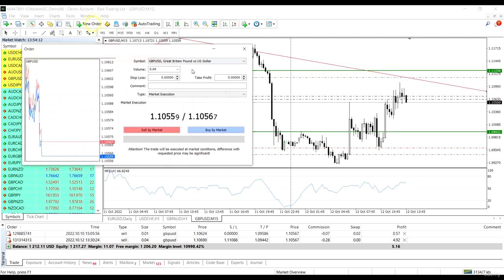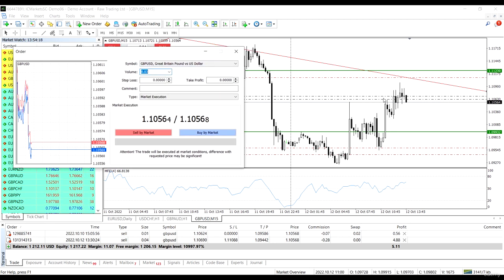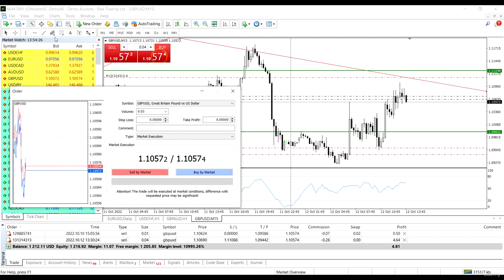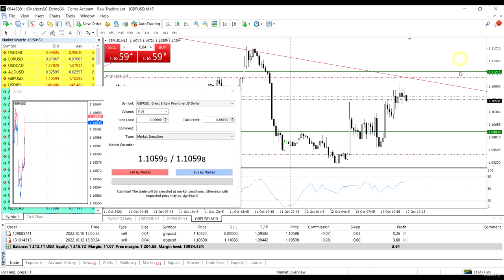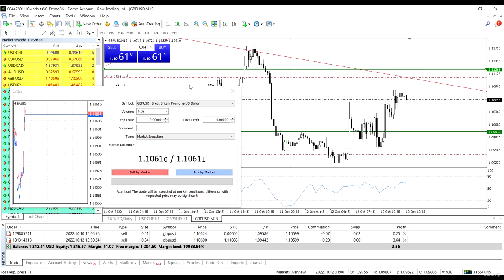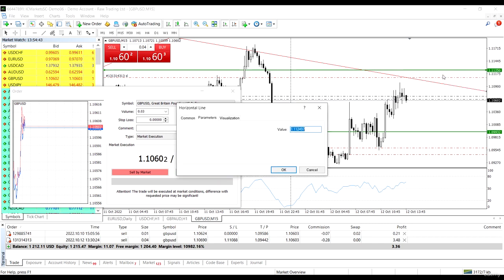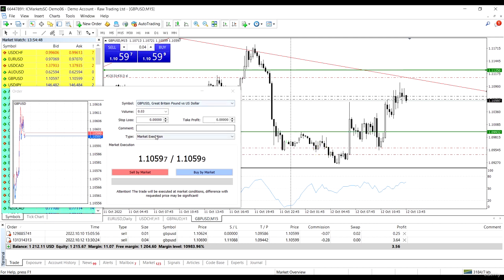Let's assume we want to enter another sell trade. Let me use 0.03 for this one. This is called market execution, which will sell immediately, right? If we have a point where we want to put our stop loss, like this point, we can right click and choose horizontal position so as to get the exact price. You can copy it and paste it where it says stop loss.